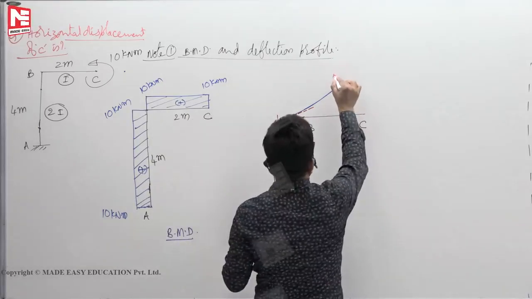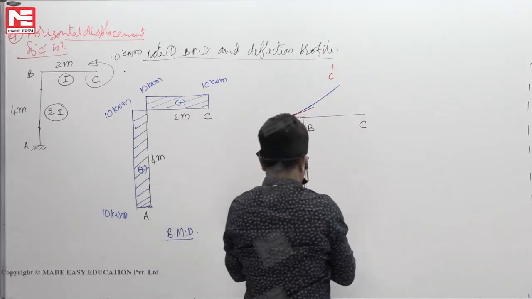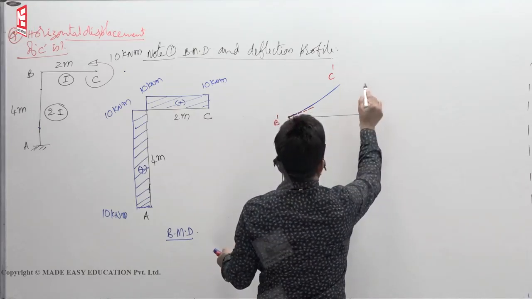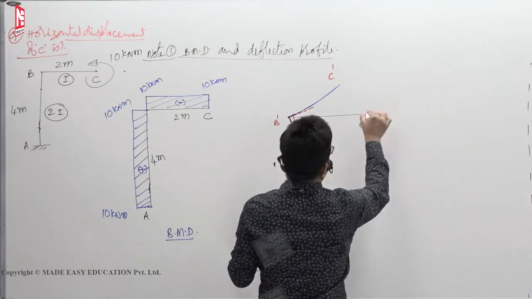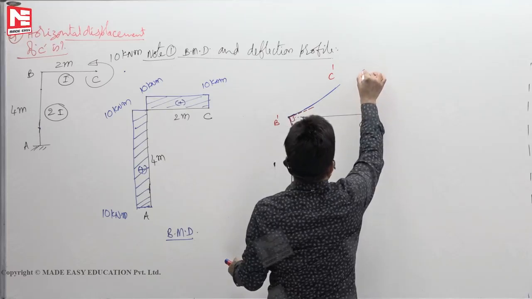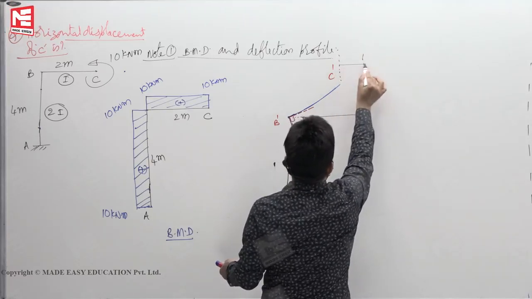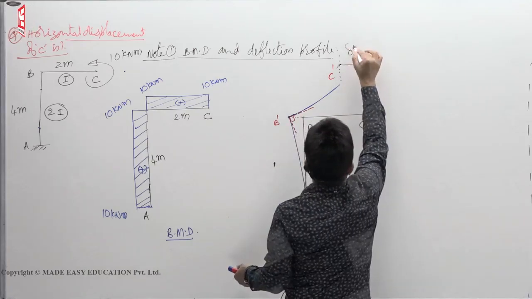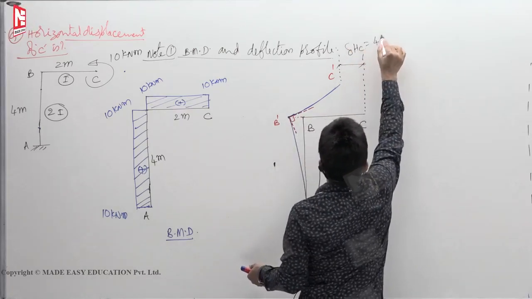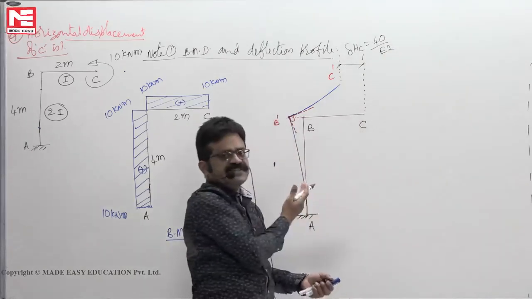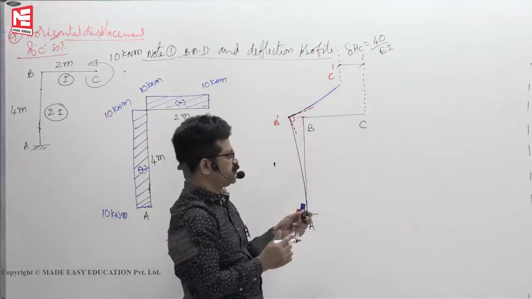C will go to C dash. Now as we have learnt just now, delta HC is 40 by EI. That means minus 40 by EI you are getting. So this is your delta HC. Because it is minus 40, it is acting left side. So left side you have shown.